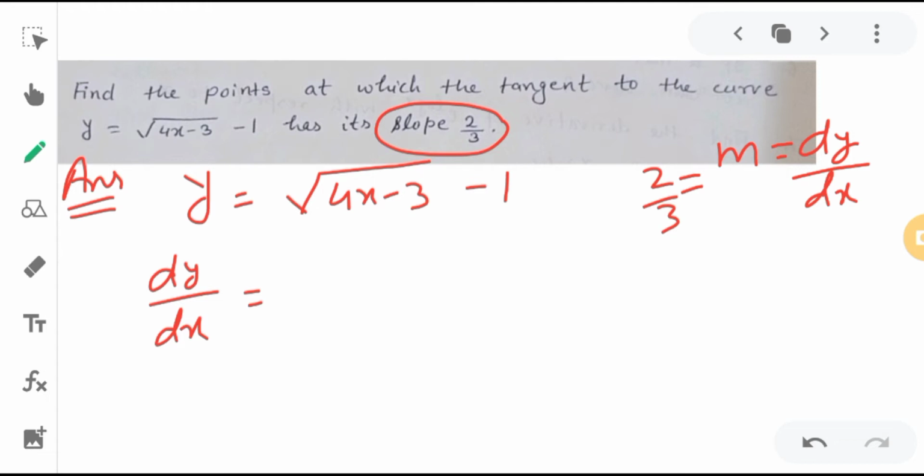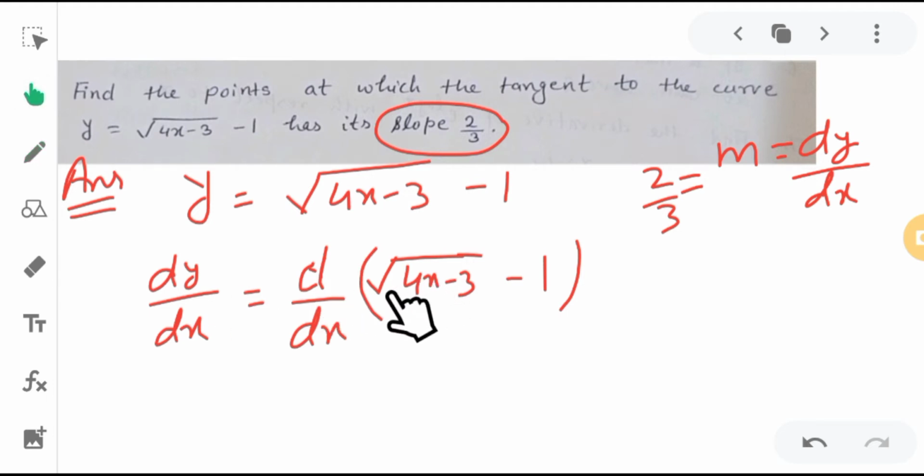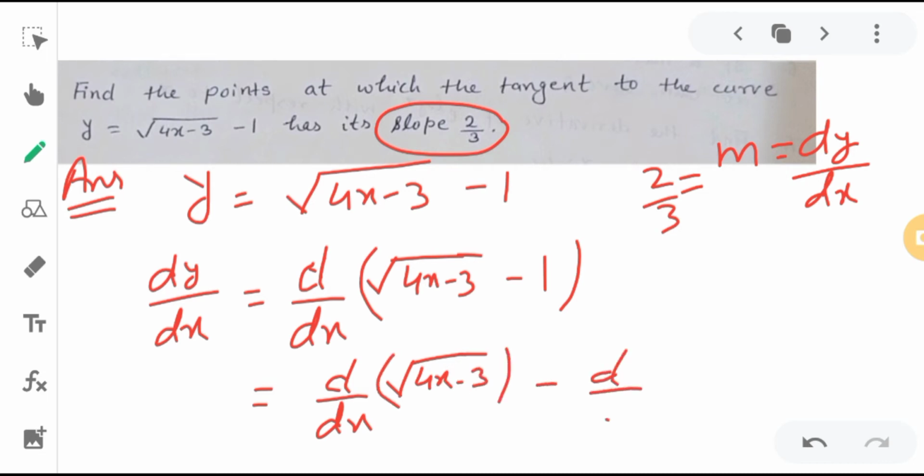So dy upon dx means we have to find the derivative of this function, square root of 4x minus 3, minus 1. Here square root of 4x minus 3 is one term, minus 1 is another term, so there are two terms separated with minus. First I will use the algebra of derivative: the derivative of the first term minus the derivative of the second term.